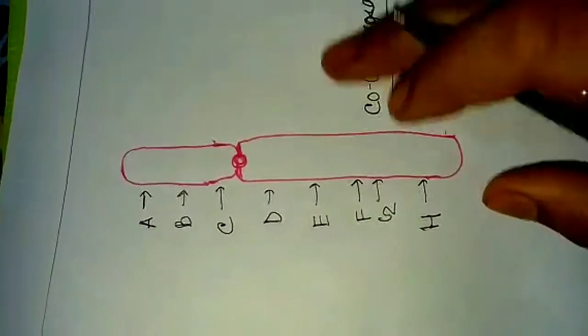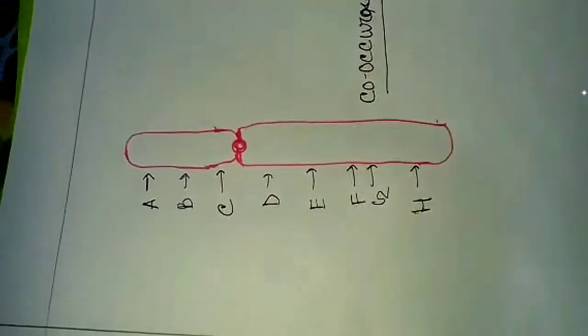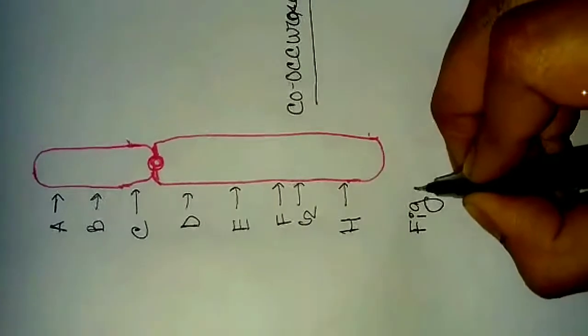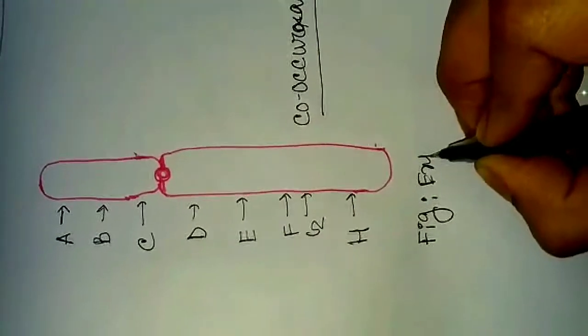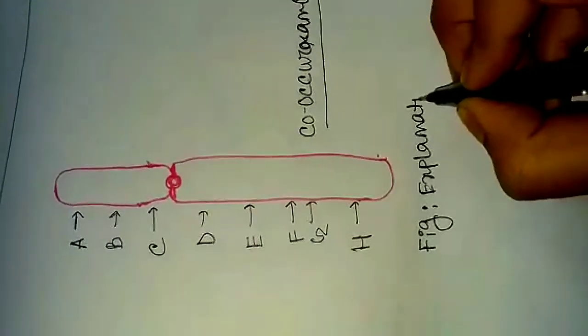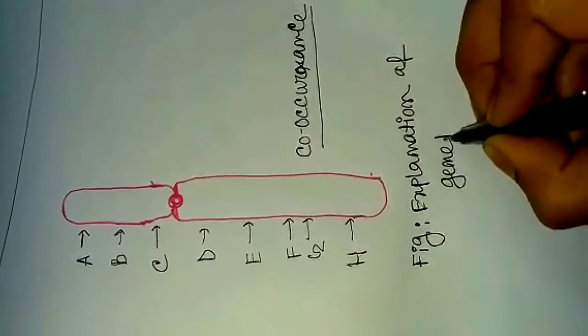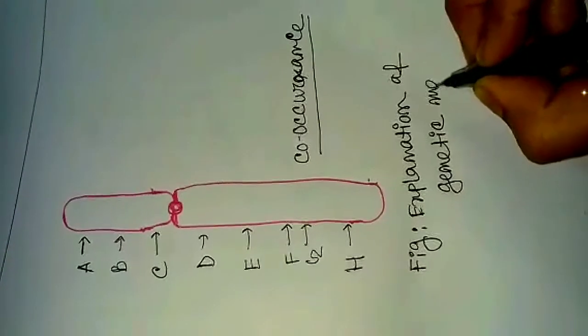We can say from this genetic map. Okay. And we are writing the figure here, that is, the explanation of genetic mapping.